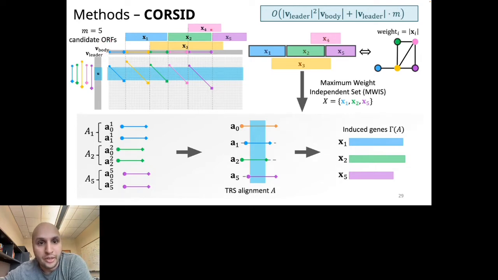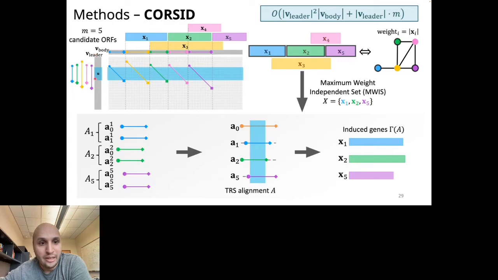You can do this very easily in polynomial time, and you get a set of candidate genes. In addition, we take the same strategy we used for solving the first problem: we slide a window of length omega through V leader.